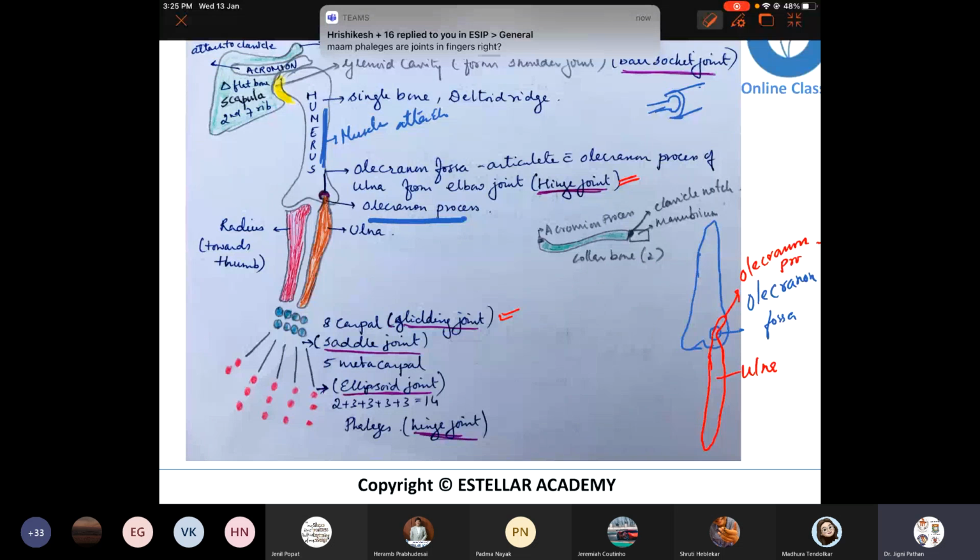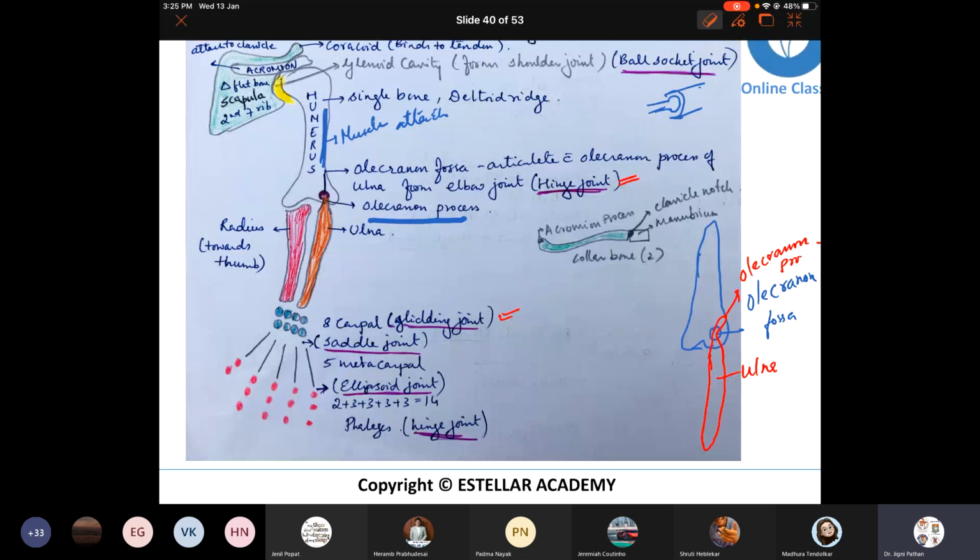Phalanges are the bones of the fingers. So you have 2 in the thumb, and in the rest you have 3.